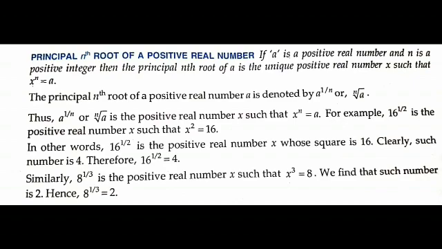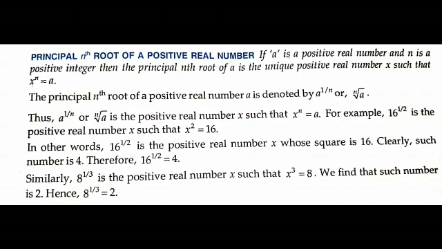Thus, a to the power 1 by n or nth root a is the positive real number x such that x to the power n is equal to a. For example, if it is given 16 to the power 1 by 2, it is the positive real number x such that x square is equal to 16.